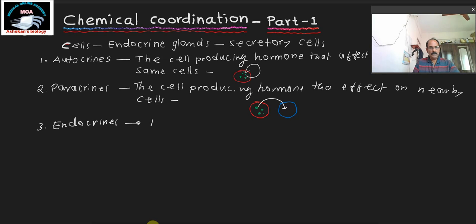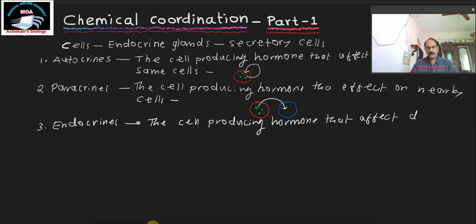Endocrine means the cell producing the hormone that affects distant parts, organs, distant parts of the body, distant cells.